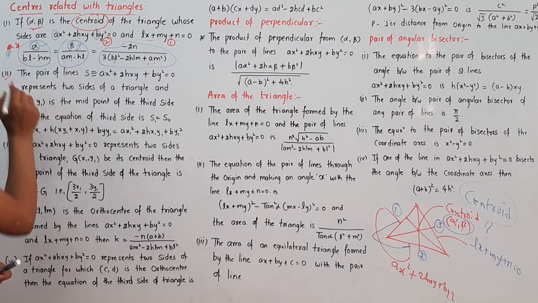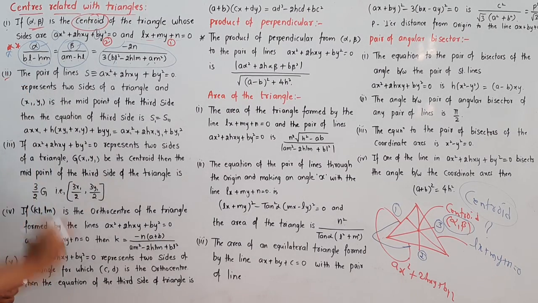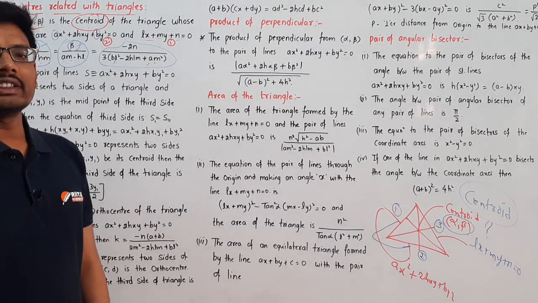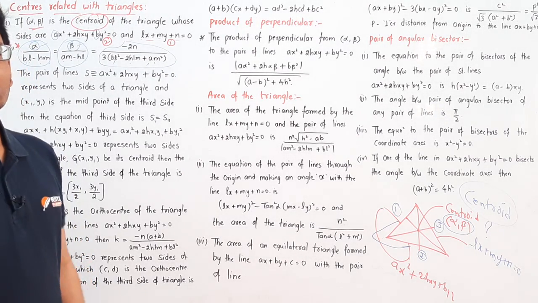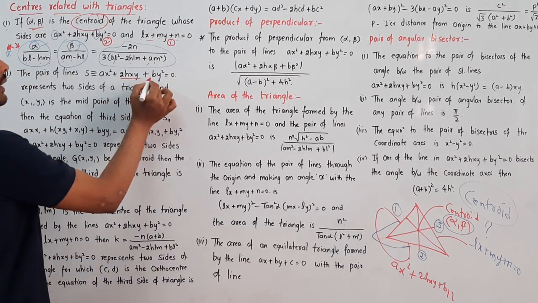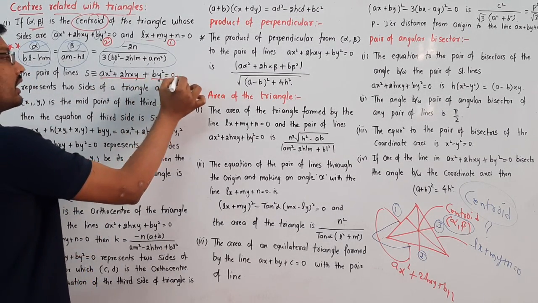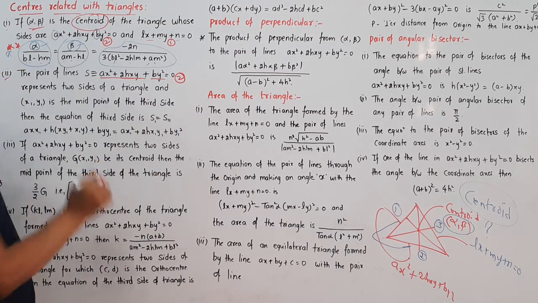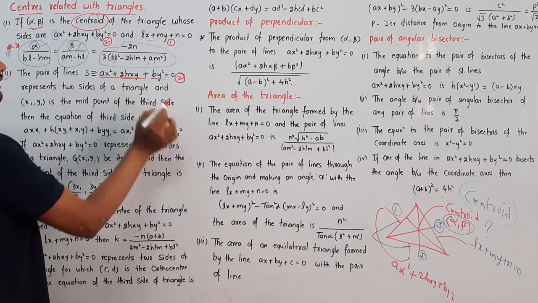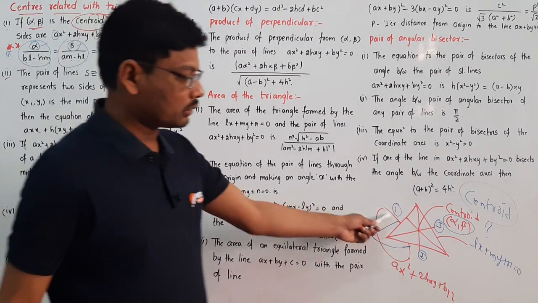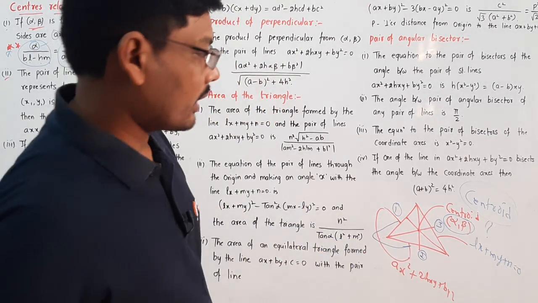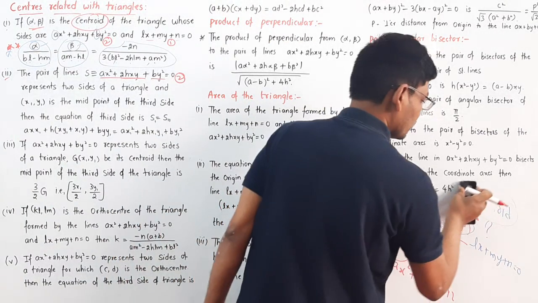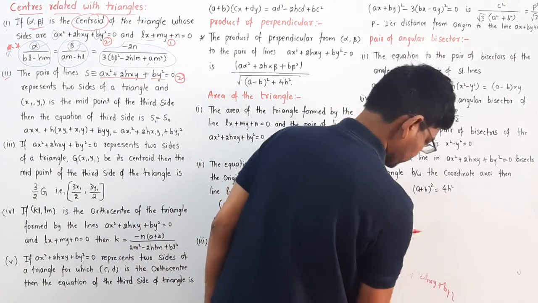And the second point: the pair of lines is given, that is S is equal to ax square plus 2hxy plus by square. It is a combination of two straight lines and represents two sides of a triangle. I am explaining clearly here.